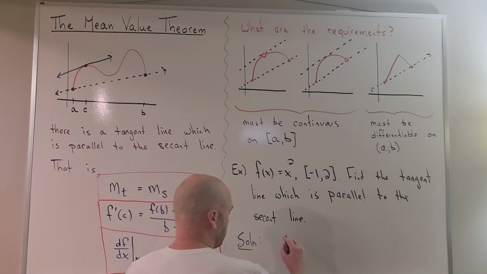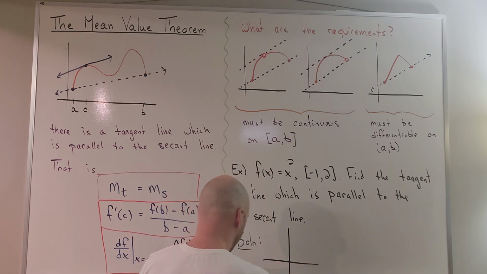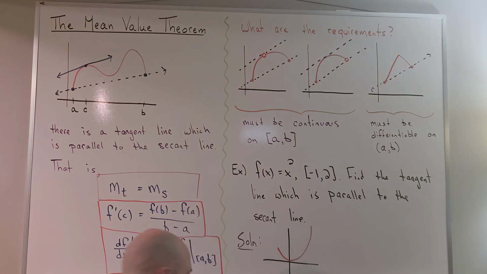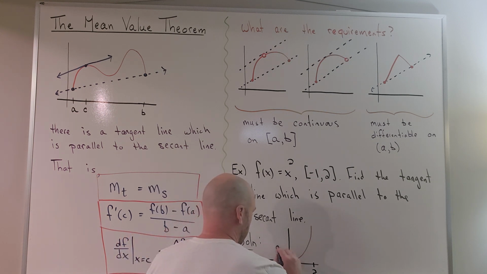Real quick sketch, so we know exactly what we're after. If I draw the parabola from -1 to 2, it looks something like this. Of course, this would be -1, and this would be 2, and we have the secant line between these two points.